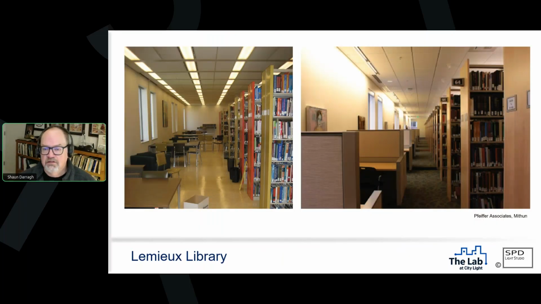Again, same space, right? This is the study area at the Lemieux Library, same kind of space. We've just gone to the end of the stack here. And on the left, before, on the right, after, instead of continuing this fluorescent blobbing of light, we just put in some wall washers, lighting the walls themselves, which balanced the brightness of the window walls, which is good.